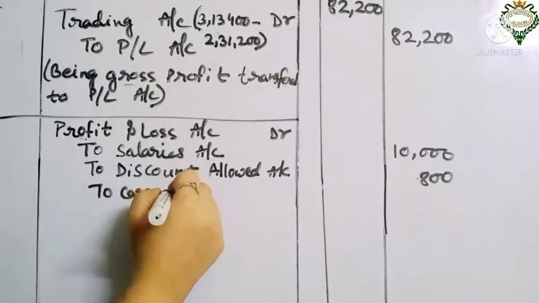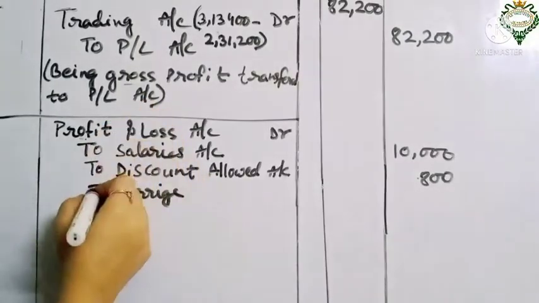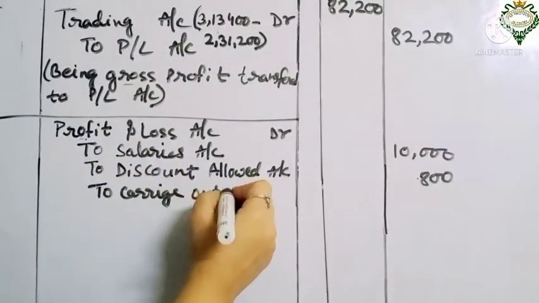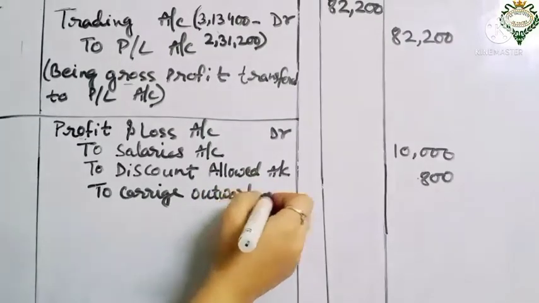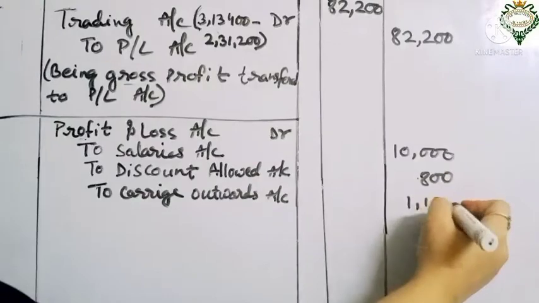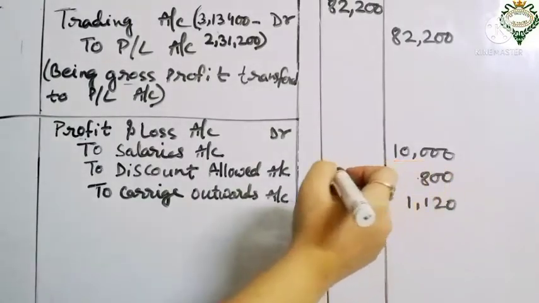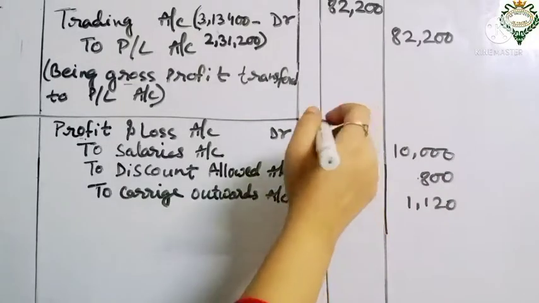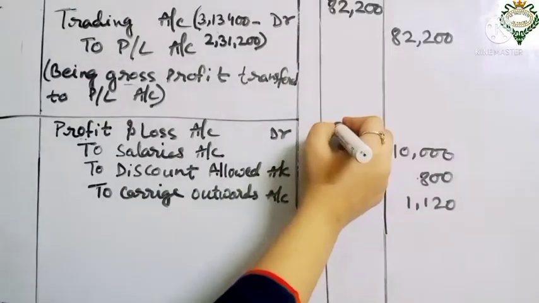Carriage outward is also a kind of profit and loss account, that comes under profit and loss, okay. Carriage outwards account is for rupees 1120, okay.